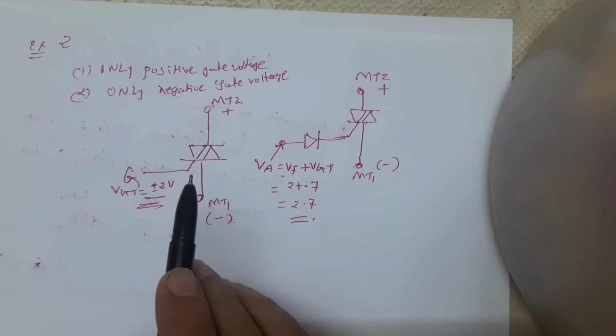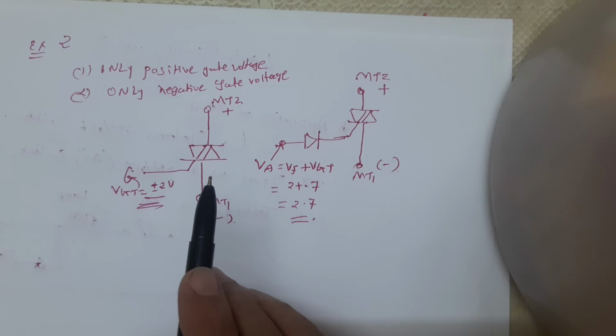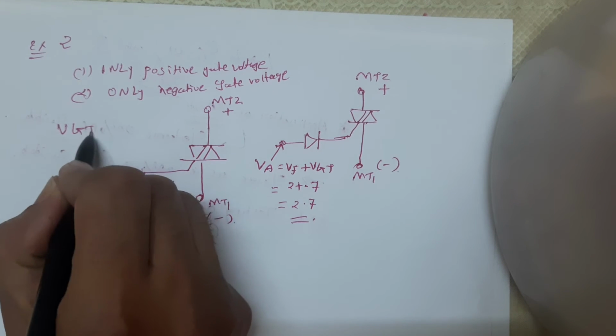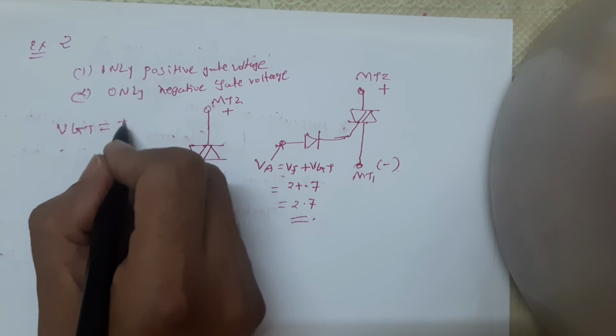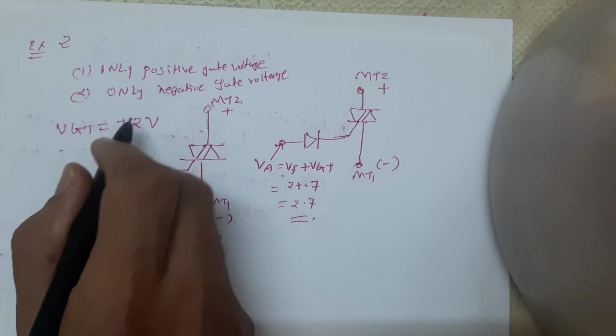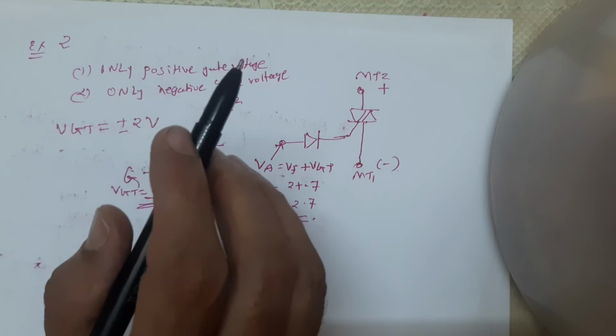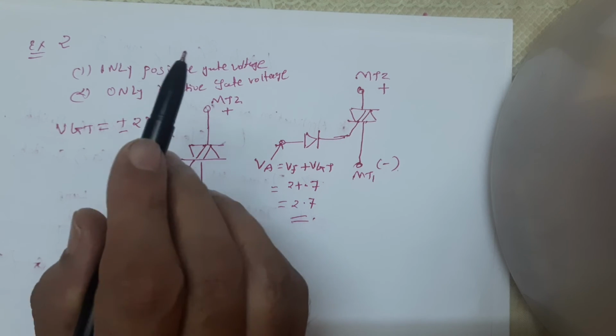I repeat the example. The triac shown in the figure can be triggered by the gate triggering voltage VGT equal to plus or minus 2 volt. How will you trigger the triac by only positive gate voltage and only negative gate voltage?